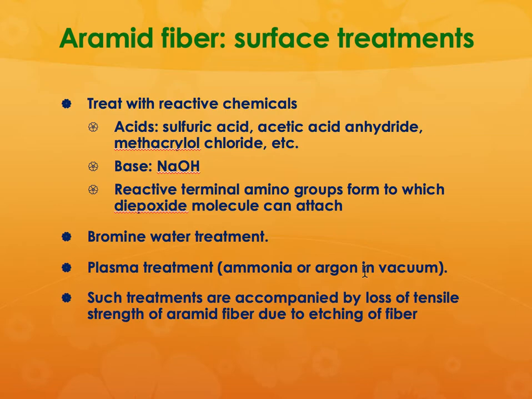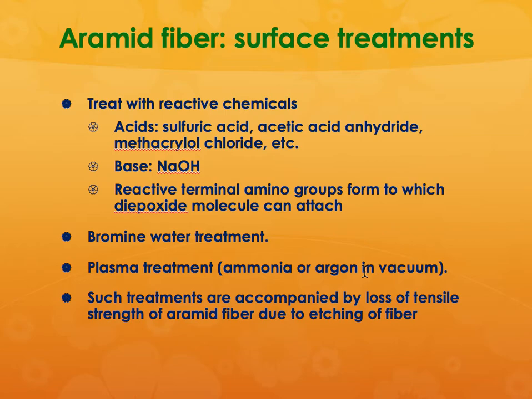Or you might react it with bromine water, or you might do plasma treatment with ammonia or argon in vacuum. So by doing ammonia, you are going to be attaching amine groups, and those amine groups can then go and react with the amine groups in the matrix itself.